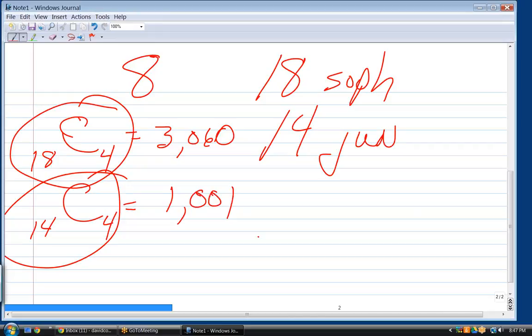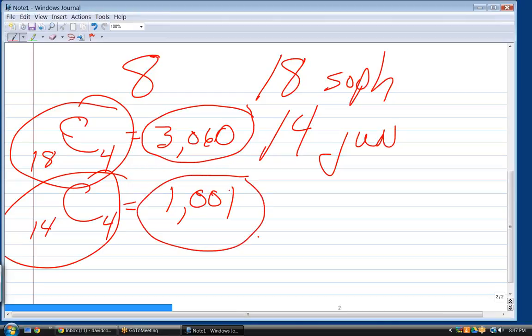Okay. Question is, why do we multiply them? Seems to me, because for every one of those choices, we have this many choices for the other. Oh, that's why we multiply them. In other words, there's 3,060 ways to pull your 4 sophomores out.